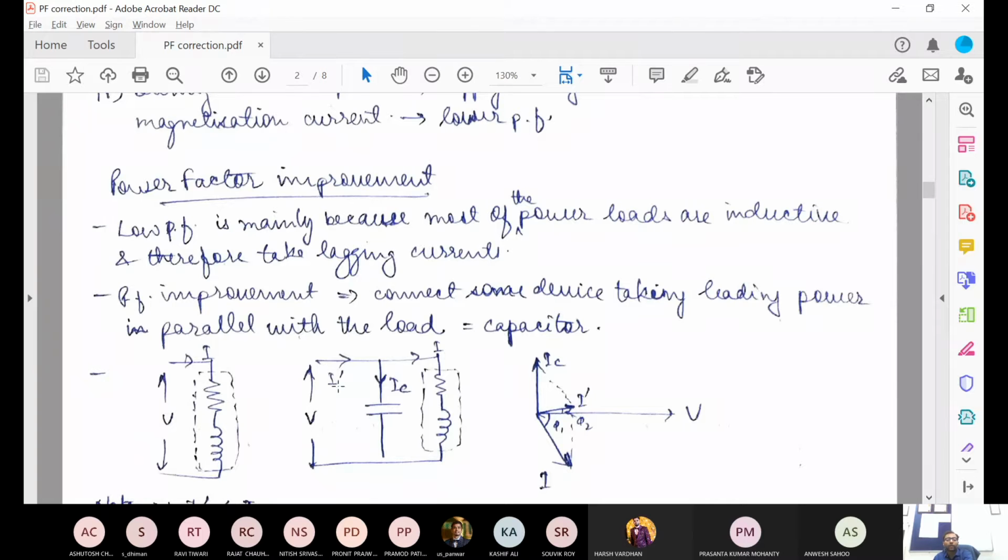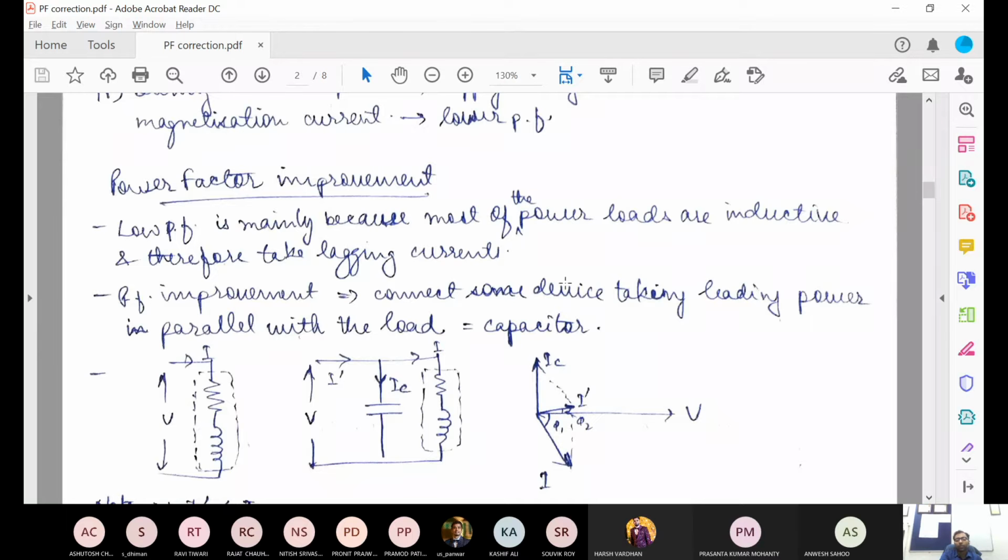If you do a simple phasor addition here, with phasor I here and phasor IC here, the summation of the two gives you this I dash, which in this case is coming out slightly leading. This phi2 is the phase angle of I dash with respect to V, so I dash is leading V by this angle phi2. So this is the principle behind power factor improvement.